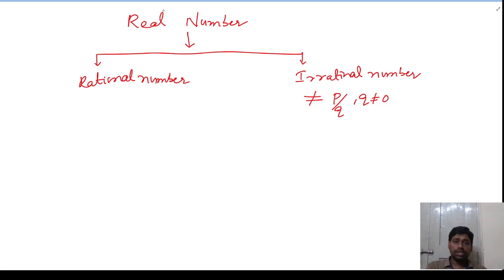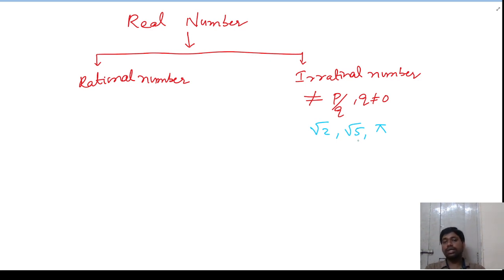Irrational numbers are like root 2, root 5, pi. Actually for pi we think 22 by 7, but that is not exactly its value. Pi is the circumference of a circle divided by its diameter. You will come to know about this in higher classes.